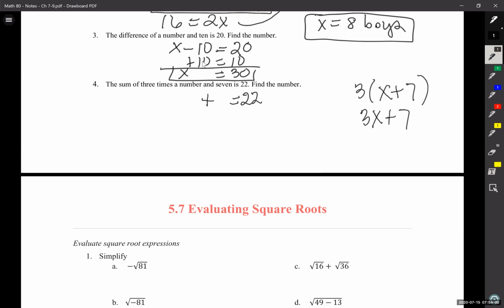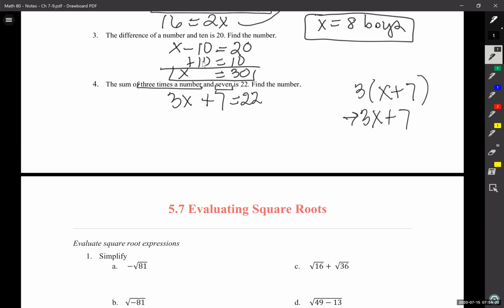So since it says the sum of, that means everything before the and goes together and everything after the and goes together. So this second choice was the correct answer, 3x plus 7.